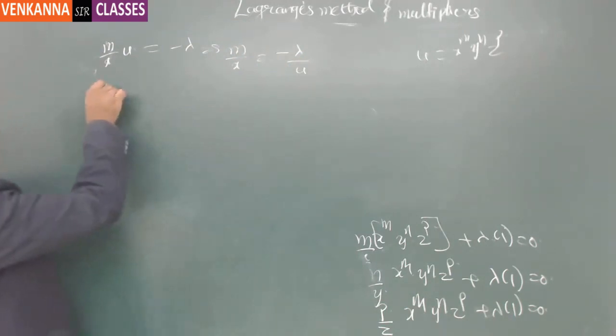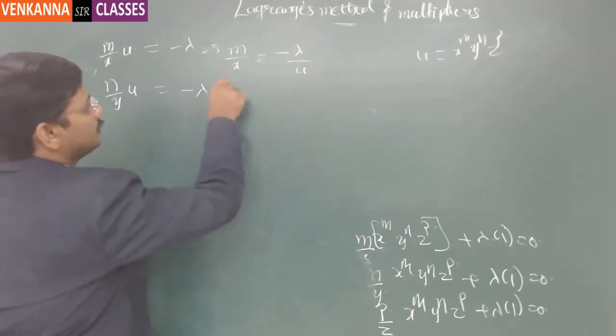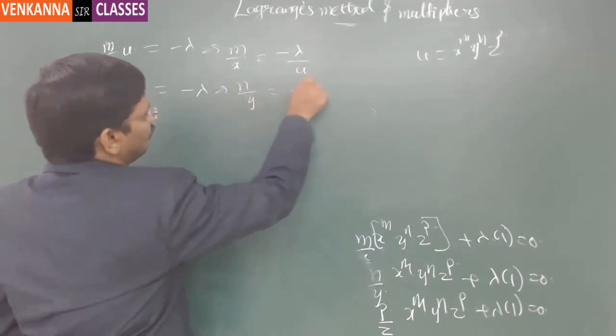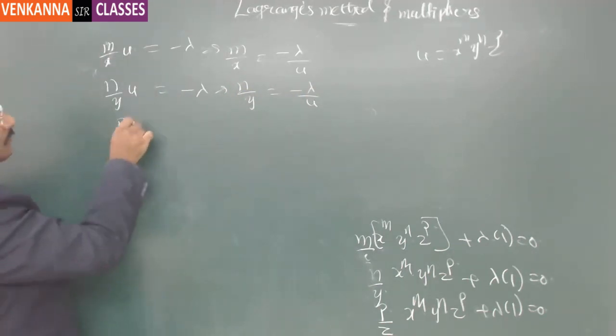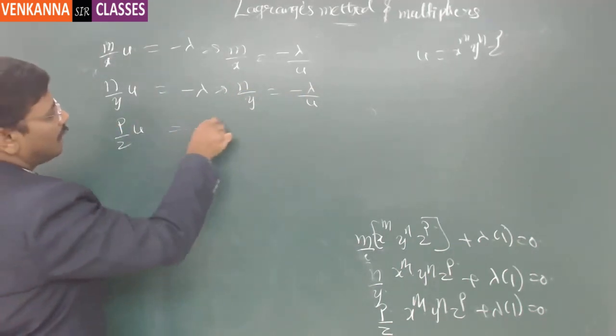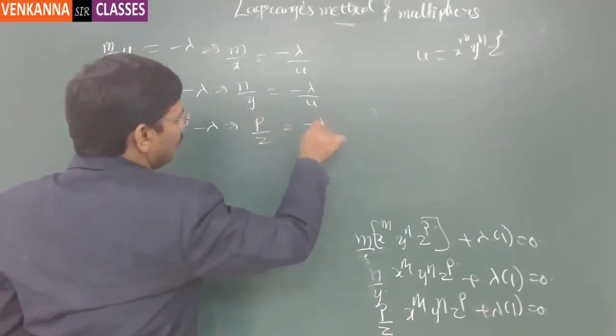Similarly, n by y times u is equal to minus lambda from equation number 2, which implies n by y is equal to minus lambda by u. Similarly, p by z times u is equal to minus lambda, which implies p by z is equal to minus lambda by u.